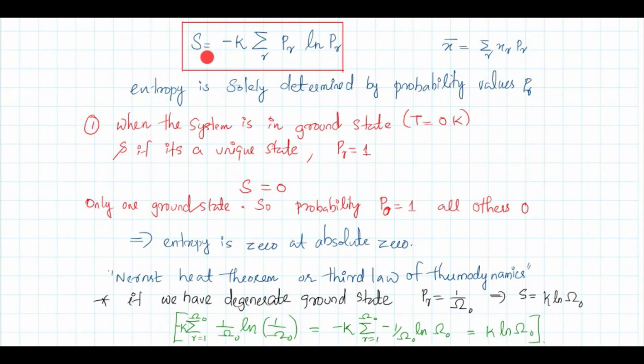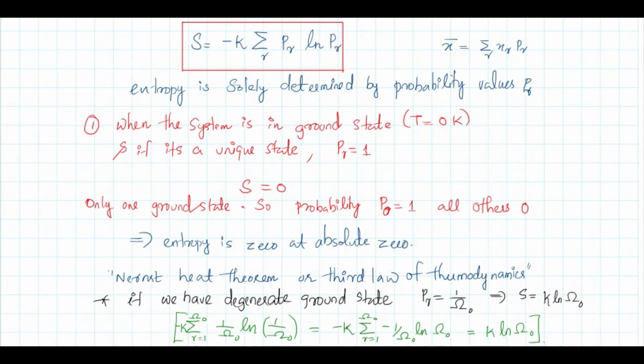So this is the equation for entropy of a system in the canonical ensemble: S is equal to minus K into sigma R PR log PR, where PR is the probability of finding the system in a microstate specified by an energy eigenvalue ER. K is a constant, so entropy is solely determined by the probability values PR.